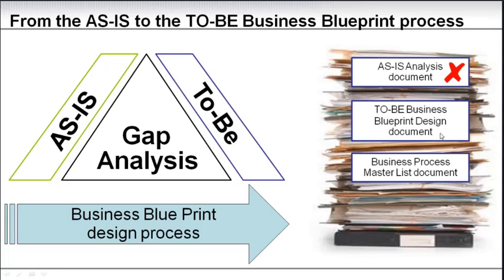And this document you might already have in the beginning, in the pre-analysis you do before you start your project. You might even have this master business process list available. And then you will have a list of the RICEF objects, which is reports, interfaces, conversions, enhancements, and forms.